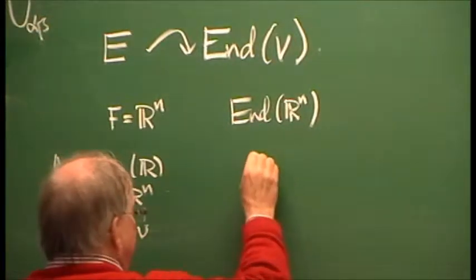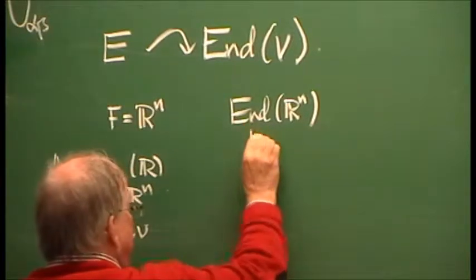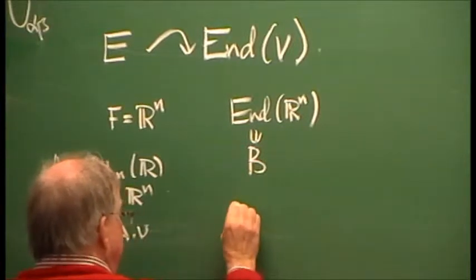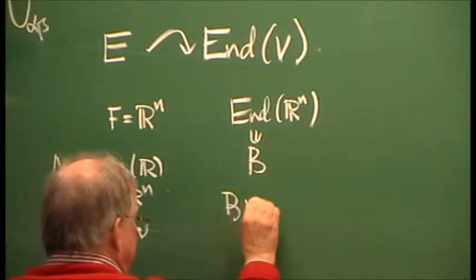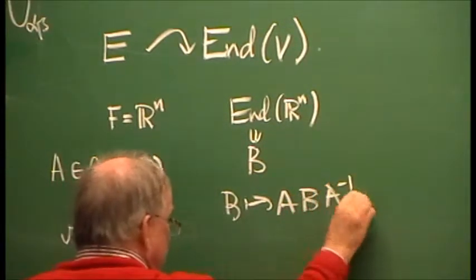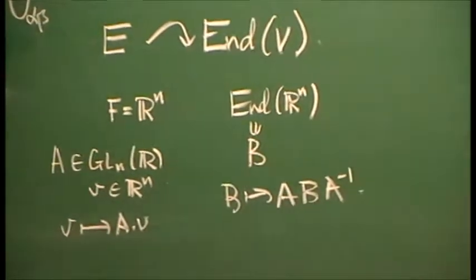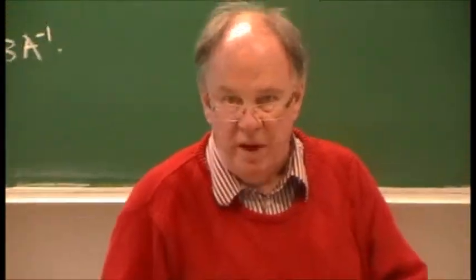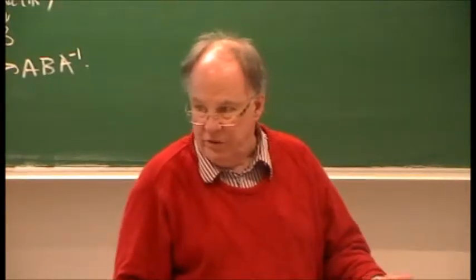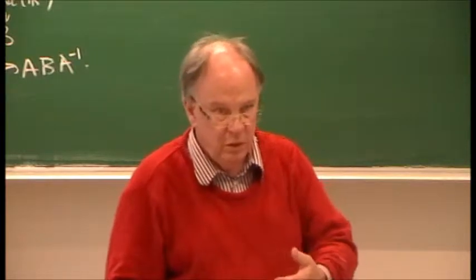And here for an endomorphism B, the associated mapping is B gets mapped to A B A inverse. Right? So if the change of basis goes by matrix A, then the change of the endomorphism goes by A B A inverse.